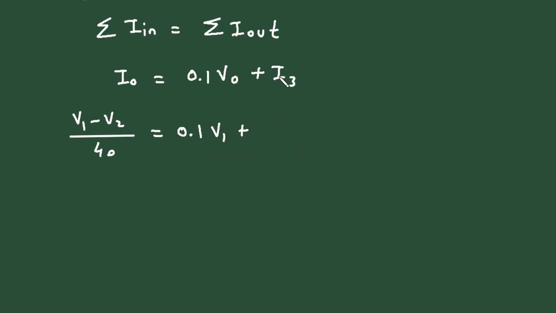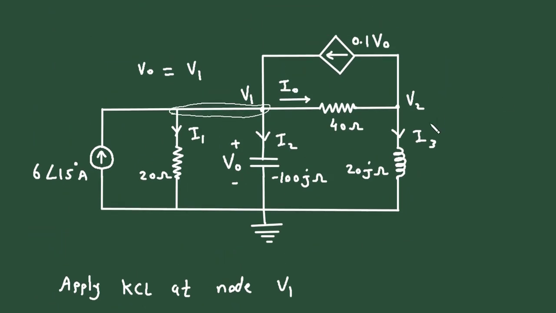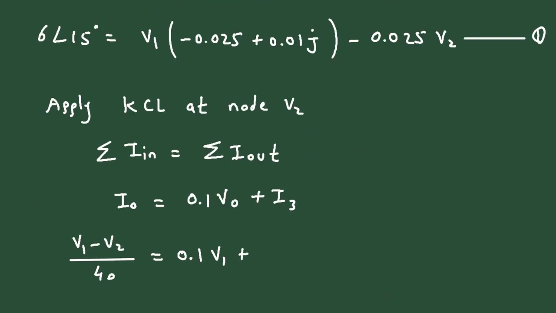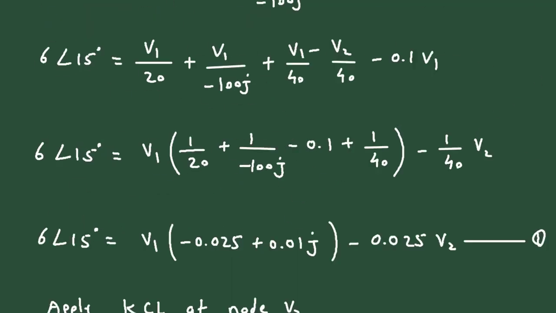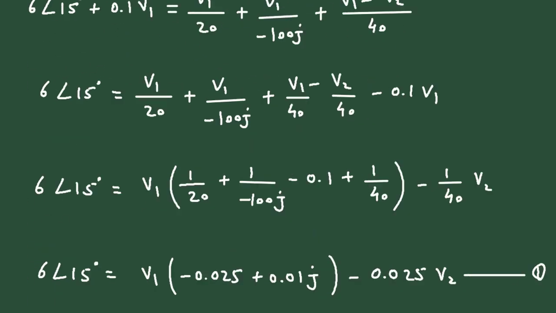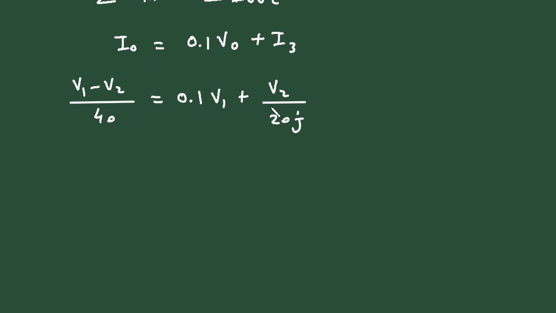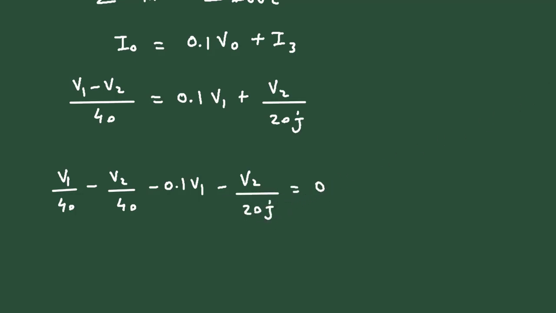So V1, then plus, now in place of I3, so I3 will be (V2 minus 0) divided by 20j. Now let's simplify this. So it will be V1 divided by 40 minus V2 divided by 40. Then if we take this on the left side, it will be minus 0.1 V1 and minus V2 divided by 20j is equal to 0.